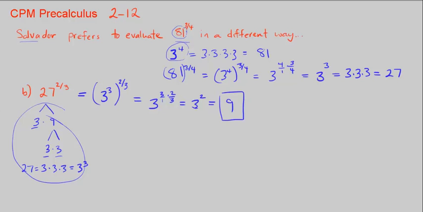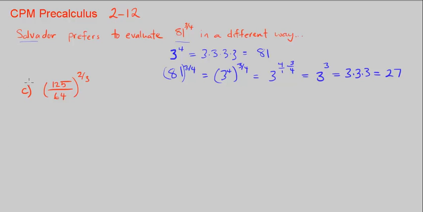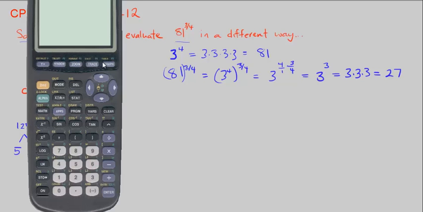Okay, part C is asking us 125 over 64 to the 2/3 power. So first of all, let's see, what is 125 equal to? Well, this is the background work. If we divide 125 by 5, let me pull out my calculator.